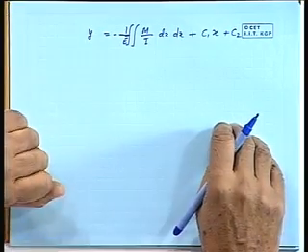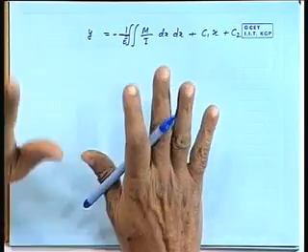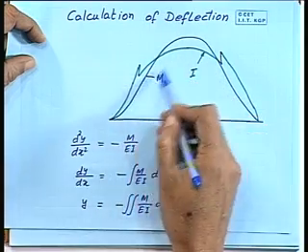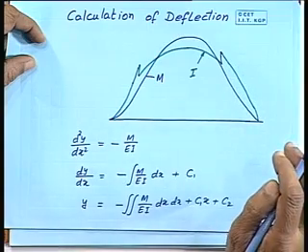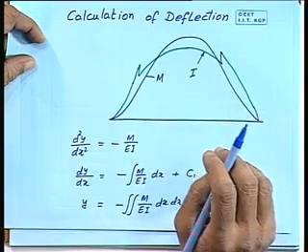Okay. So, what is required is that we have to integrate the M by I curve. Now, the variation of M is this curve and this is my I curve, and therefore, I have to find out what the M by I curve is.